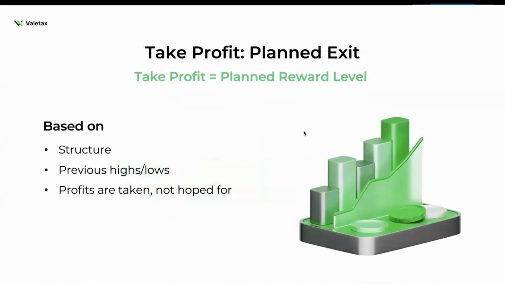The next thing we want to pay attention to is the take profit as a planned exit. And why is that? Because a planned exit allows you to not stay in the market too long and allows you to know where the market is becoming exhausted. So your take profit should align with your structural previous highs and previous lows. This way, you know that if prices get to a certain point, this is where I'm getting out of the market.